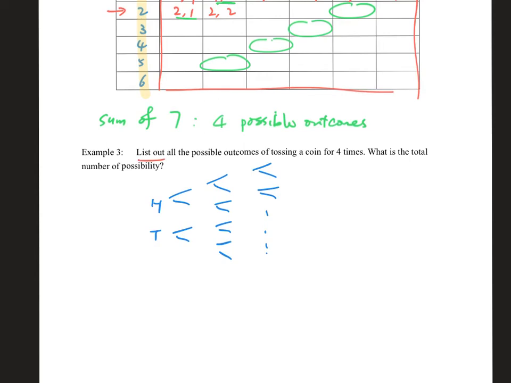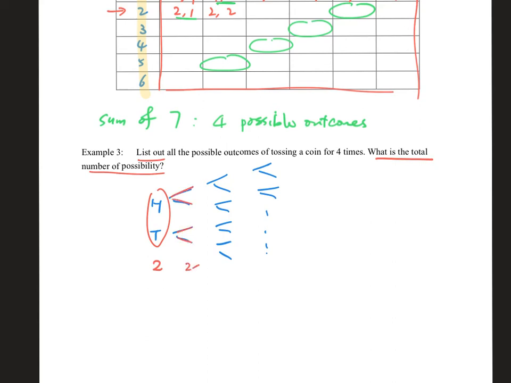But another situation would be that you are asked about the number of possibilities, which means how many possible results you can find. When you throw a coin 1 time, there are 2 possible outcomes. When you throw it the second time, you have 2 times because there are 2 branches.